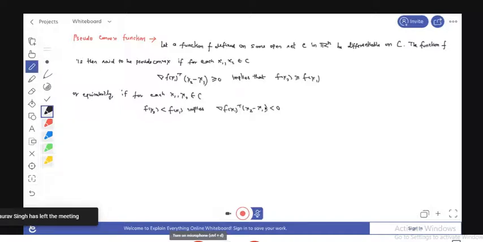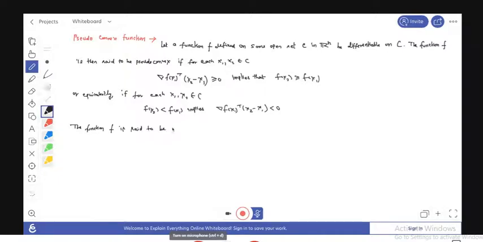Okay, and any function is said to be strictly pseudo-convex function. So the function f is said to be strictly pseudo-convex function if for each x1, x2 belonging to that set C, and of course these two are distinct, this means these two are not equal.